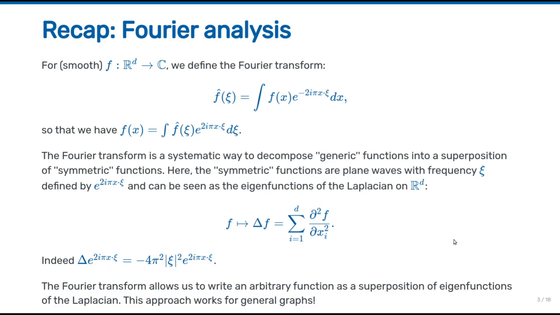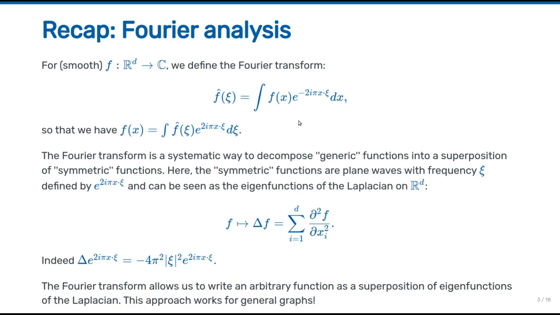The only thing I wanted to say here is that this f hat is a Fourier transform of my original function f, and you are taking something which is similar to a scalar product with a very particular function, this complex function, which is a symmetric function. These are plane waves with a frequency, which is the xi variable here.